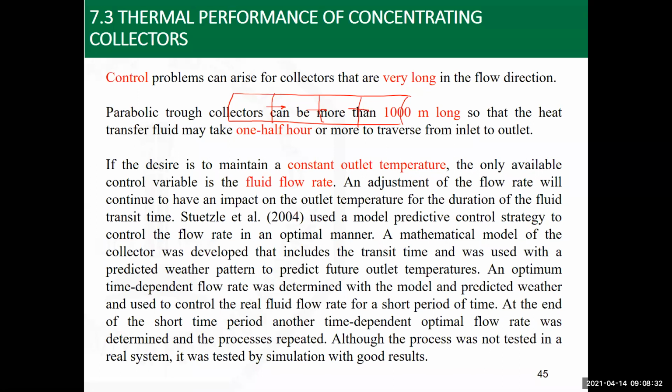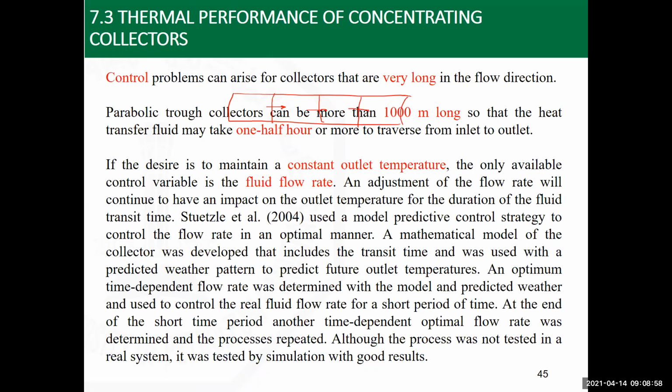If we are looking for a constant outlet temperature, then we can control the outlet temperature through the flow rate. The equation that we have basically is the enthalpy increase equation, that is Q is equal to m dot Cp delta T. If you are looking for a smaller delta T, you increase the flow rate. If you need a higher delta T, you decrease the flow rate. And this is basically what you do to control the outlet temperature of the collector.